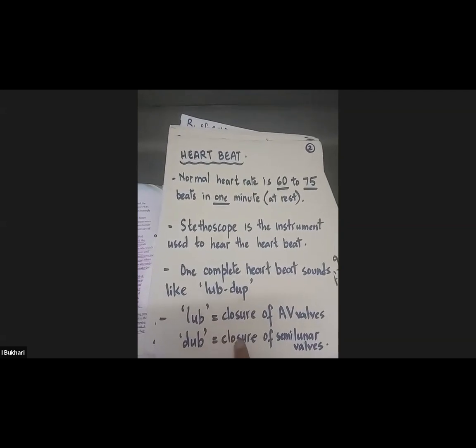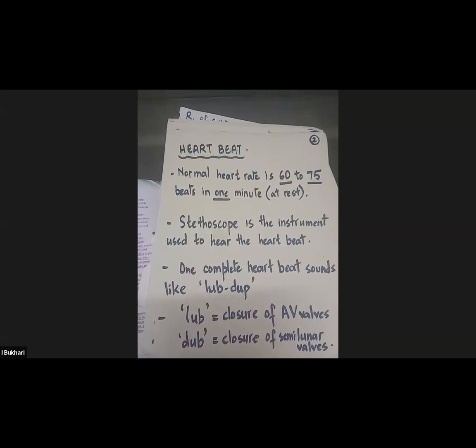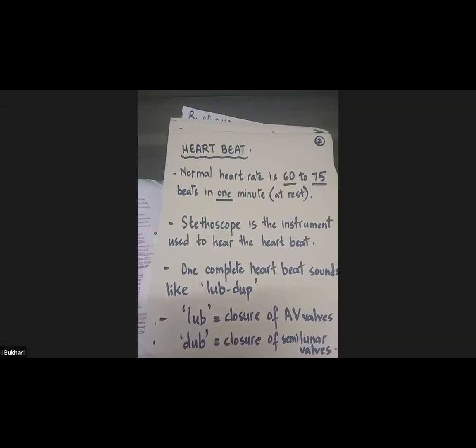Dub is the closure of semilunar valves. And what were semilunar valves? Can anybody answer me in the chat window? Yes, semilunar means half moon.